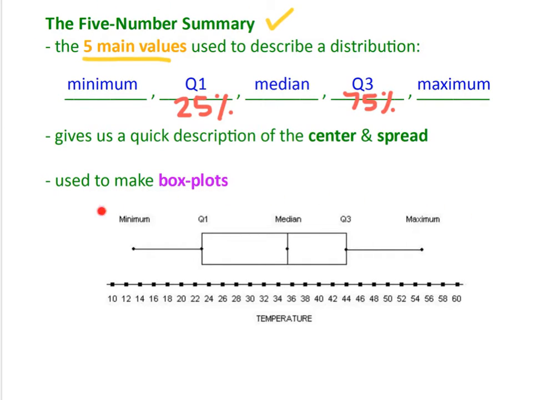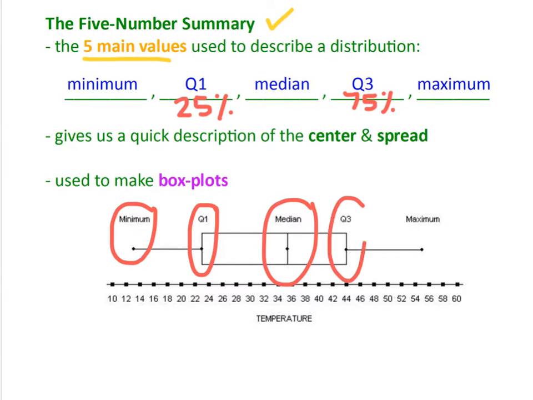You've seen box plots before, but just to review, the minimum is the lowest point, Q1 is the lower edge of your box, the median is the midpoint, Q3 is the upper edge of your box, and the maximum is the highest point.